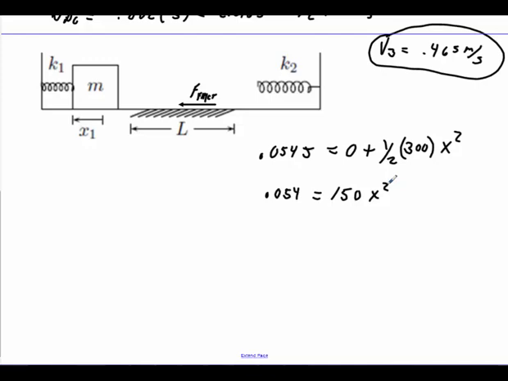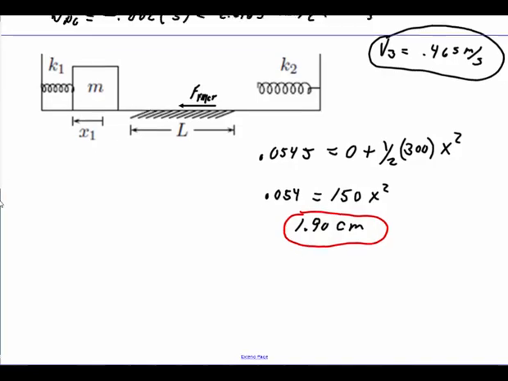That's going to give me 0.01897. We multiply that by 100 to get centimeters, and that's going to give me a value of about 1.90 centimeters. And that would be the deflection of the second spring.